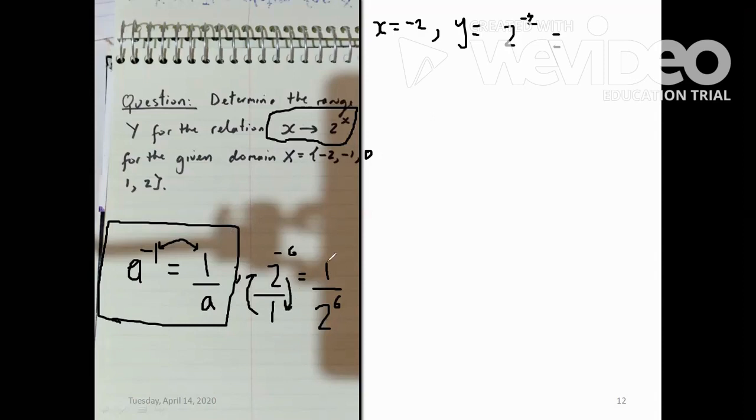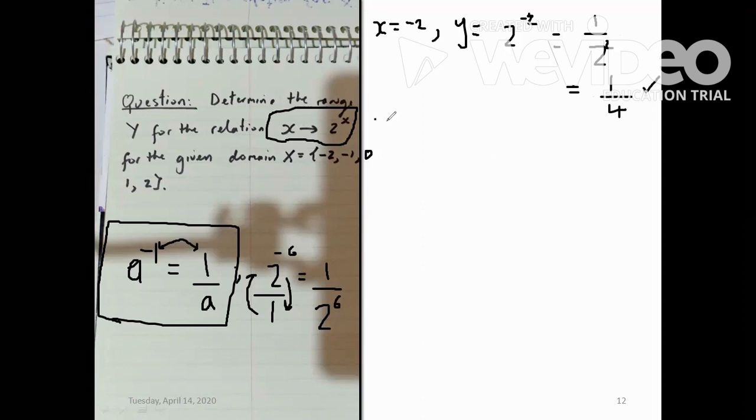When you flip it, the 1 goes on top and the 6 goes at the bottom, but the negative 6 becomes a positive 6. So we can work this out further by saying 1 over, using the law of indices there, 2 to the positive 2. 2 to the positive 2 is actually 4. So when x equals negative 2, y is equal to a quarter.